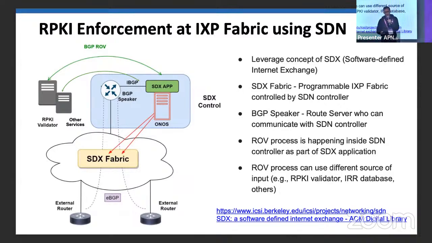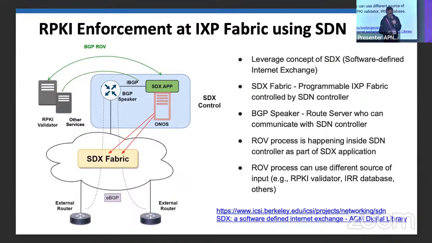The ROV process is part of an application in the SDN controller itself. The ROV process can use different sources of data, but here we use the RPKI validator data.